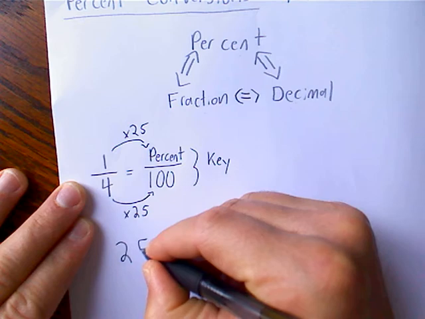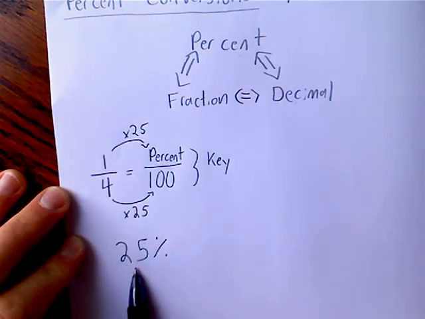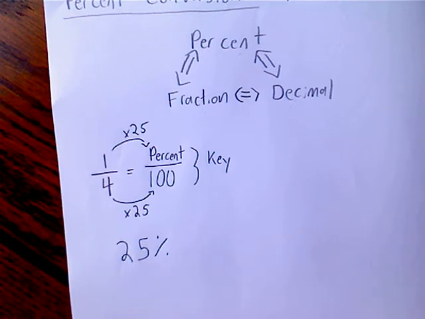So there is my percent right here. So 1/4 and 25% represent the same thing. For example, if I said 1/4 of the class is girls, you would also know that 25% of the class is girls. Okay, again, different ways to express the same value.